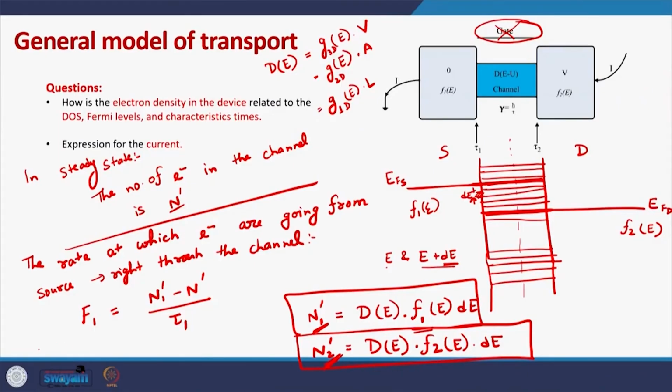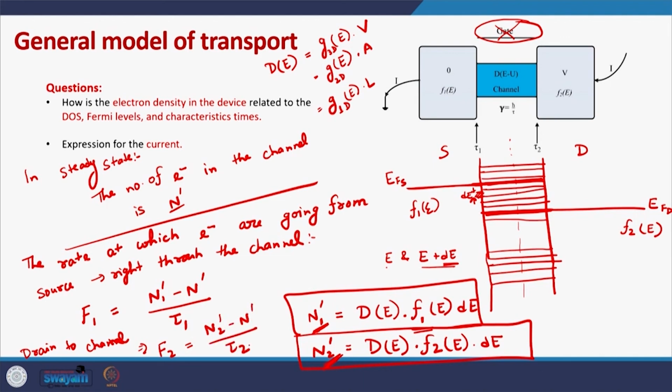And similarly, the rate at which electrons will be going from drain to channel, if that is denoted as f2, will be (N2 prime minus N prime) by tau 2.